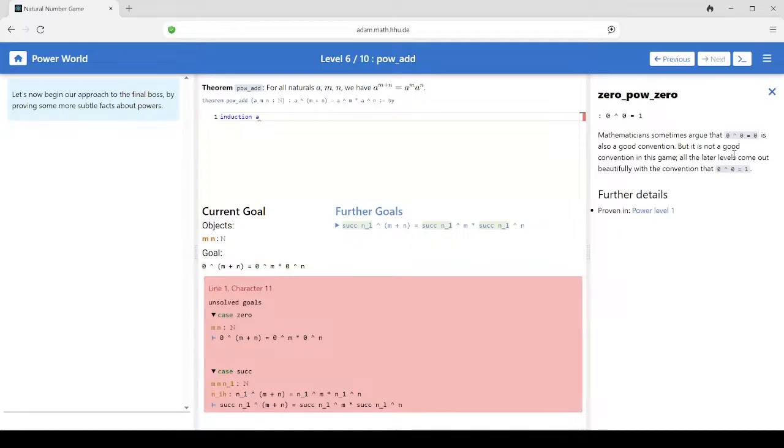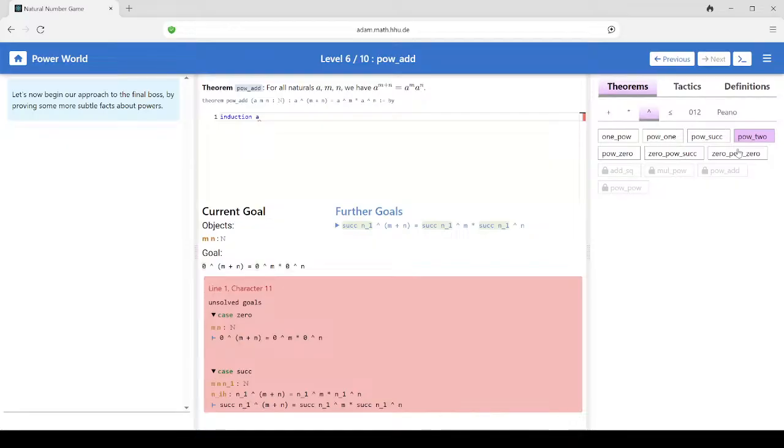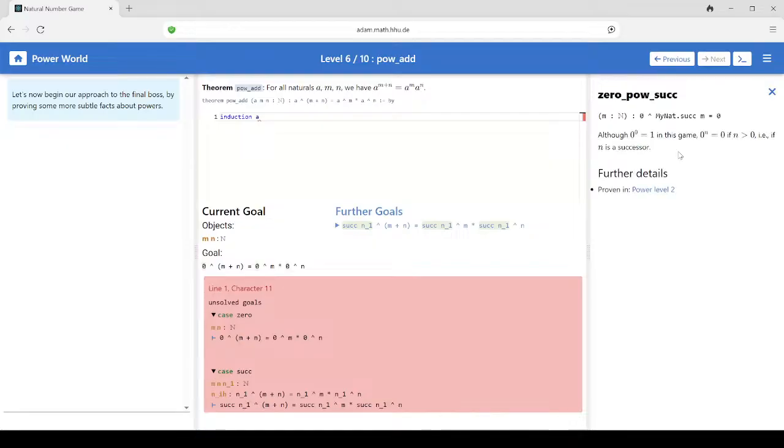Where is that? Yeah, here. 0 to the power of anything equals 0 if N is greater than 0.